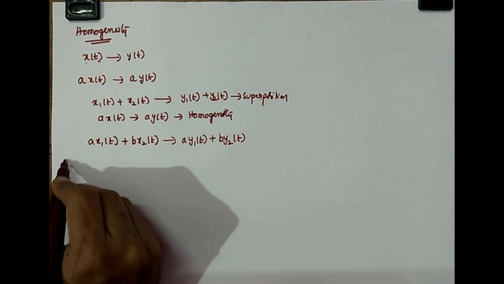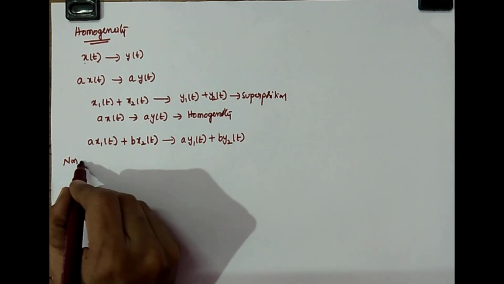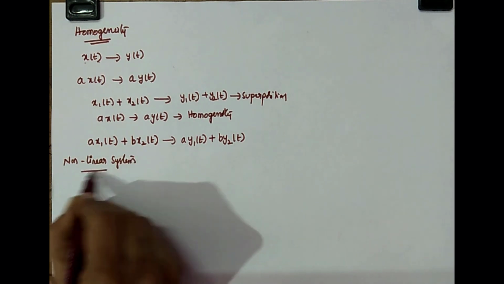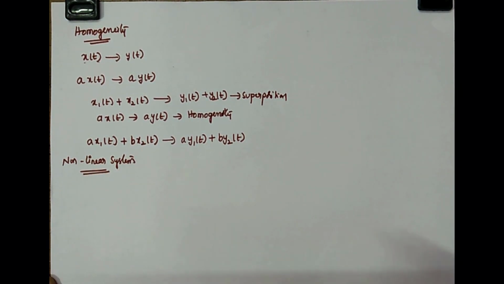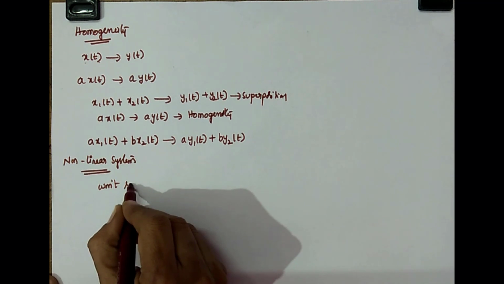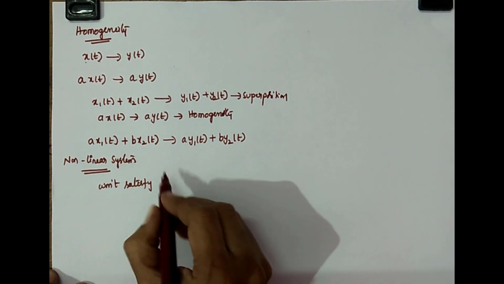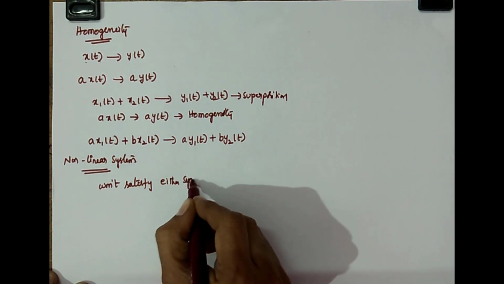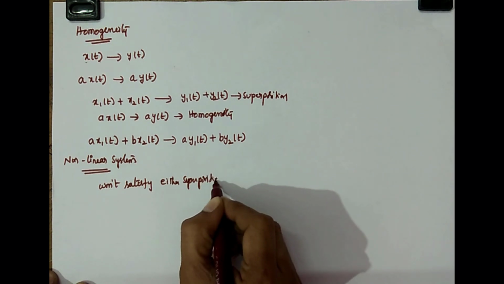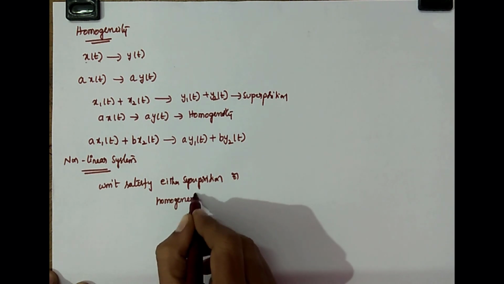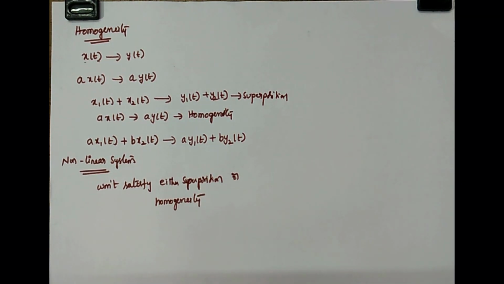Then what is meant by nonlinear system? Simple. A nonlinear system won't satisfy either superposition or homogeneity. It won't satisfy superposition or homogeneity. Okay. So this is nonlinear system.